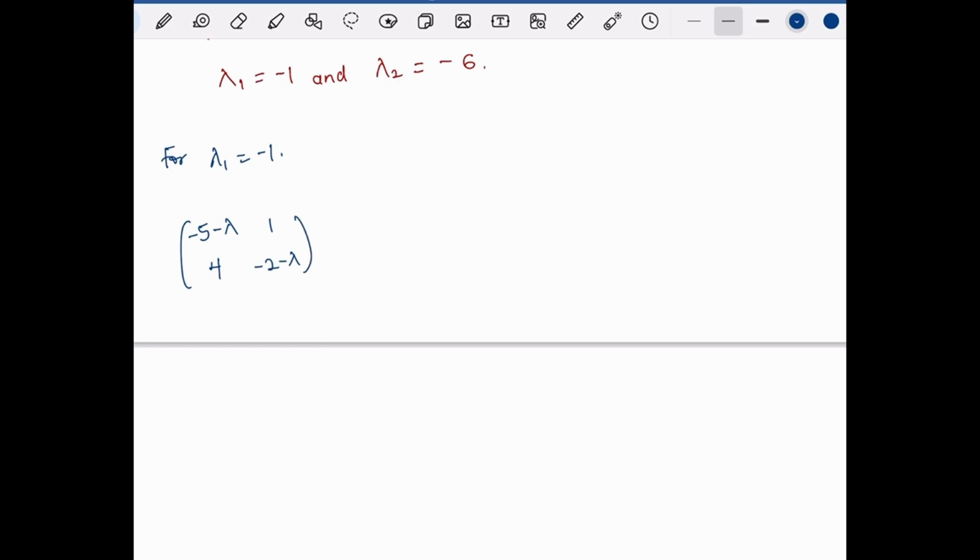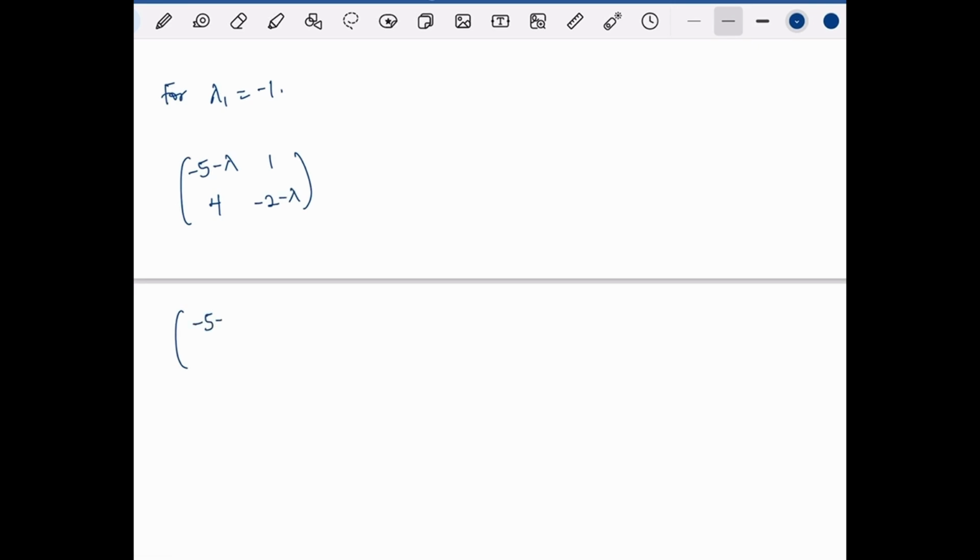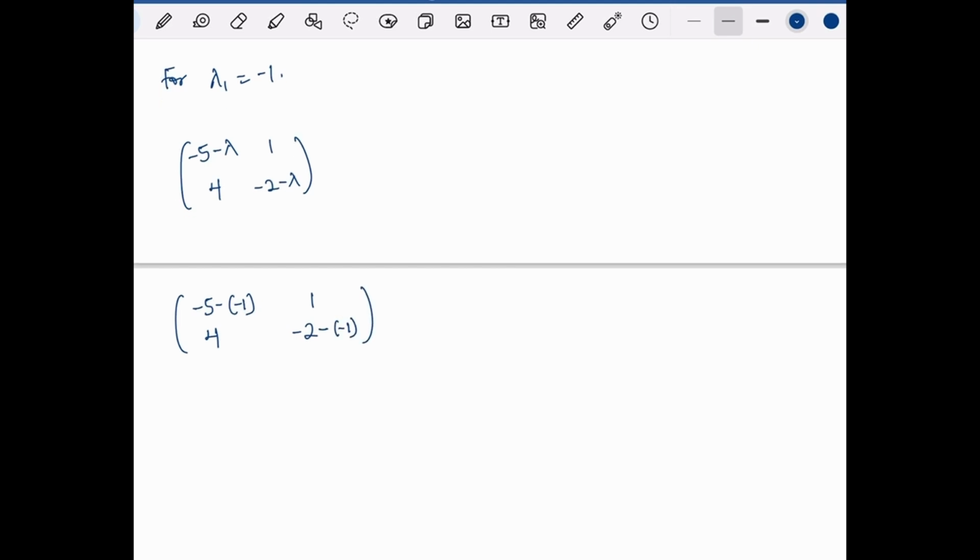Good. For lambda 1, we put in minus 1 in place of lambda. So we are going to have minus 5 minus, now lambda is minus 1, so minus 5 minus minus 1, 1, 4, minus 2 minus minus 1, which will give us minus 4, 1, 4, minus 1.